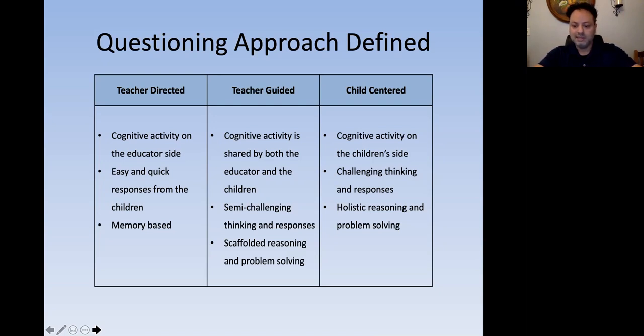If they provide a sentence, it's still considered closed-ended because it's something they know. And it's also memory-based. Memory-based questions are good to find out what the child knows about something, but it's not considered critical thinking, okay?